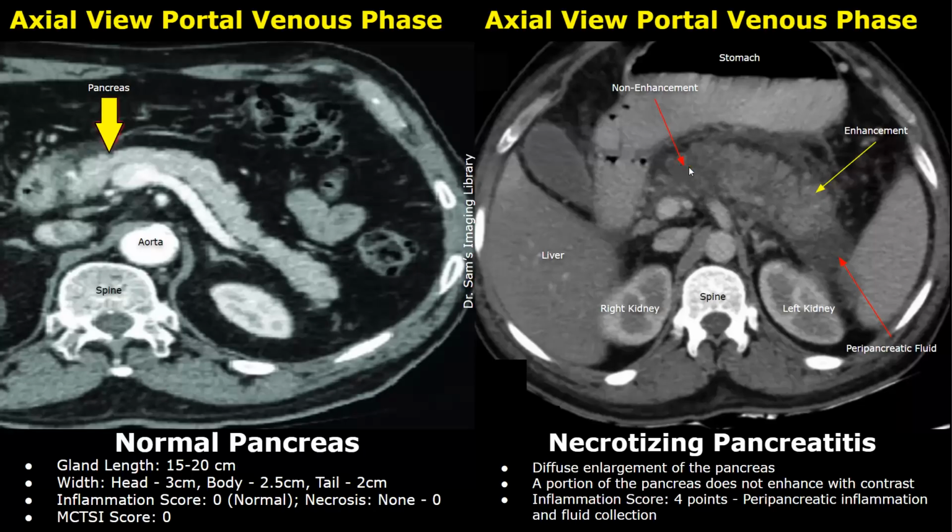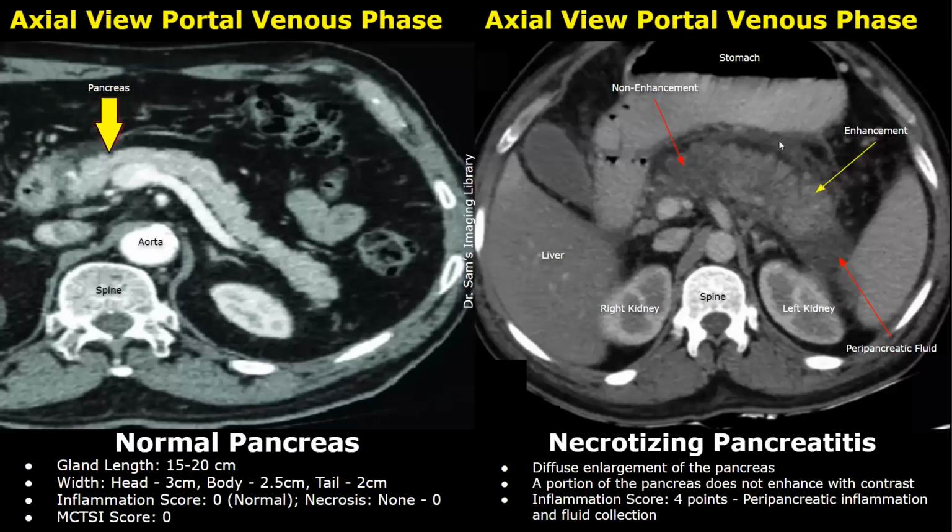Hypodense areas are seen inside the pancreas right next to the enhancing pancreatic tissue. If the hypodense areas are seen within the pancreatic tissue during the portal venous phase, they indicate necrosis, and the hypodense areas seen outside the pancreas will indicate peripancreatic collections.